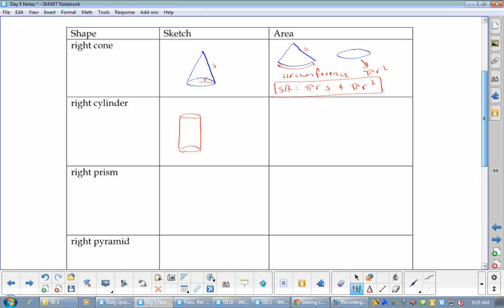Okay, now we need to know our height and we need to know our radius. That's what you need to be able to figure this out, your height and your radius. Now, if you were to take this apart, you would have a circle, your side, which just needs to wrap around, and then you'd have your other circle.